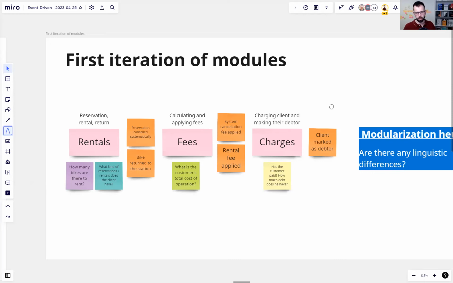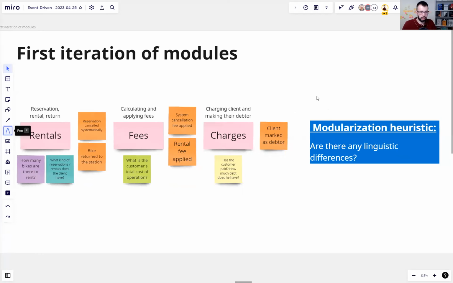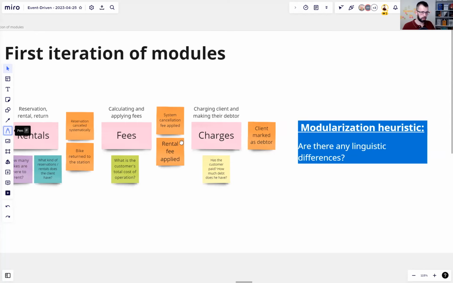In our situation it won't affect our modules, but it will strengthen our idea of dividing them into these three.